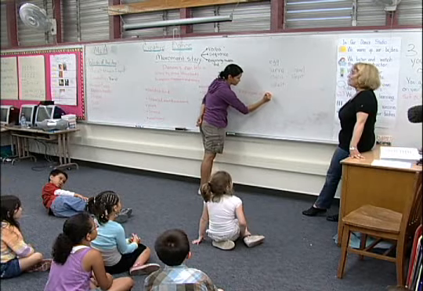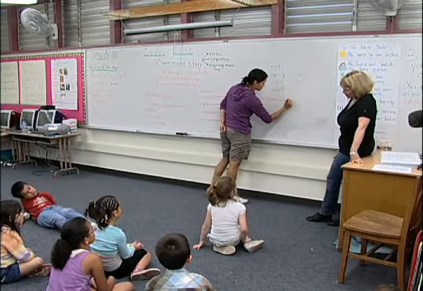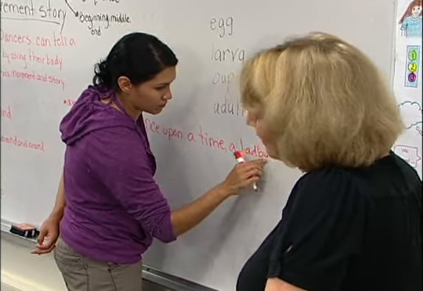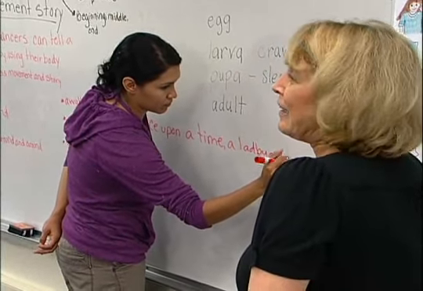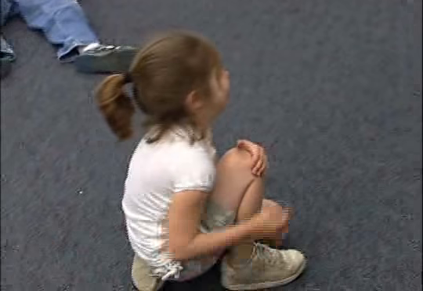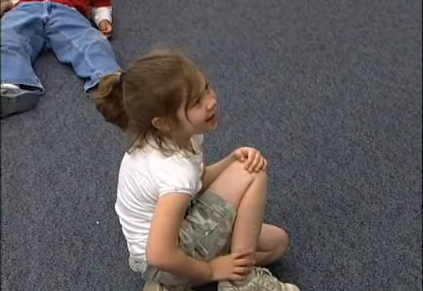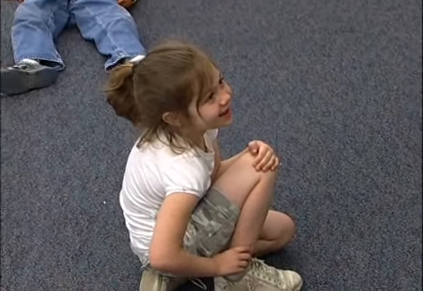Once upon a time, a ladybug laid some eggs on a leaf. And a little girl named Chasnia came along and found the eggs on a leaf. And she brought that leaf into her classroom.